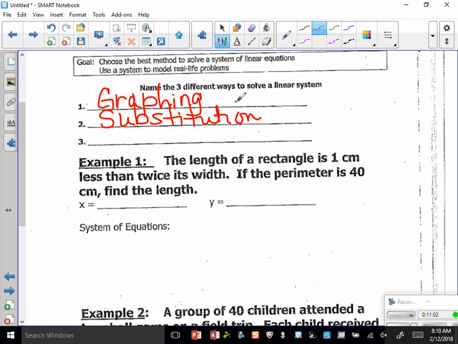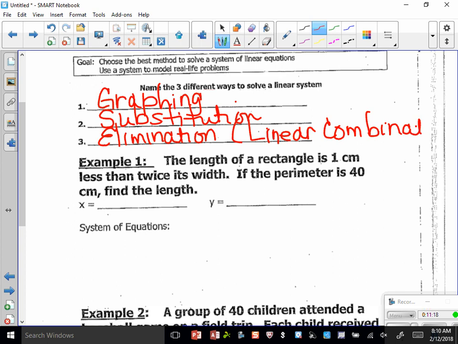And the next method was elimination. Another name for elimination is linear combination, so you might hear that word as well. It makes sense where you combine the 2 linear equations together to eliminate. So that's just another word that you might hear.